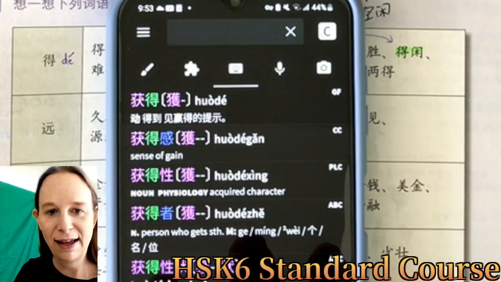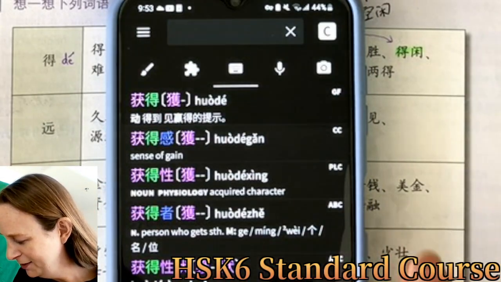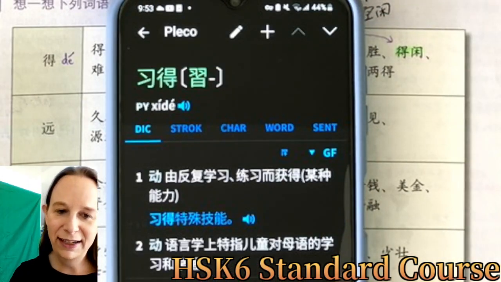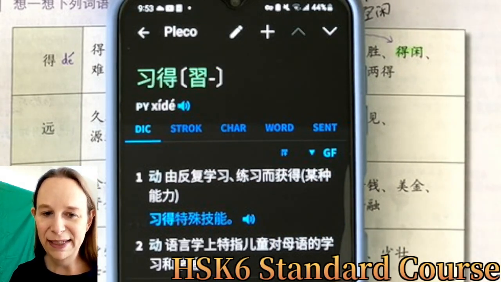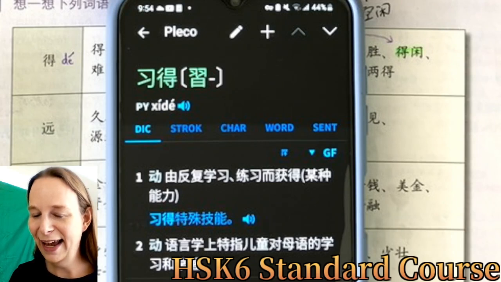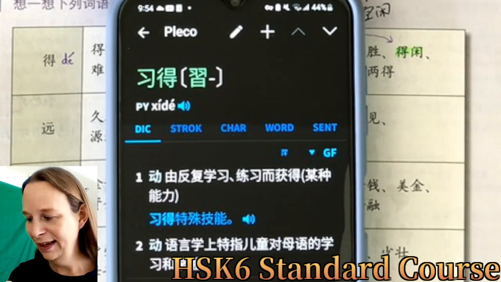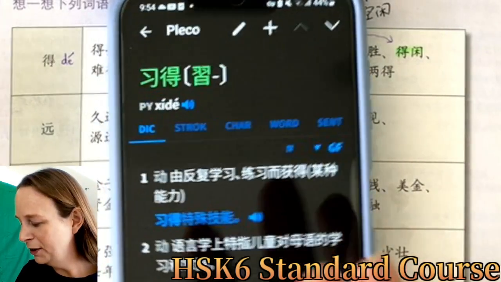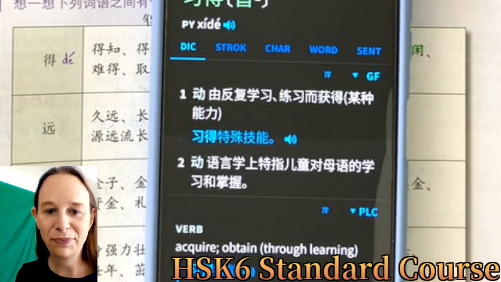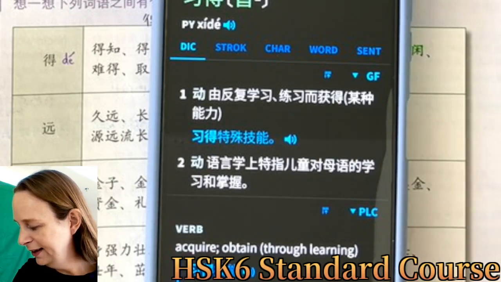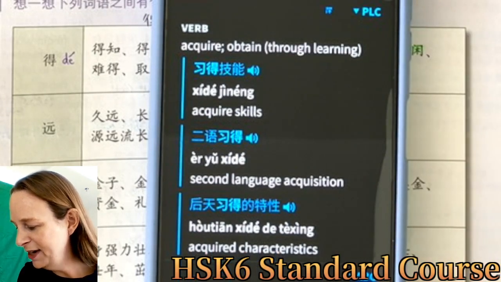Speaking of acquire, this is the word you're probably thinking of. 习得. So in language learning, you talk about implicit and explicit knowledge. So let me get this right. Explicit knowledge is the one you study and you think about and you know at a conscious level, whereas implicit knowledge is the one you acquire, which is 习得. 习得, you acquire. 习得特殊技能, yeah. 二语习得, second language acquisition.